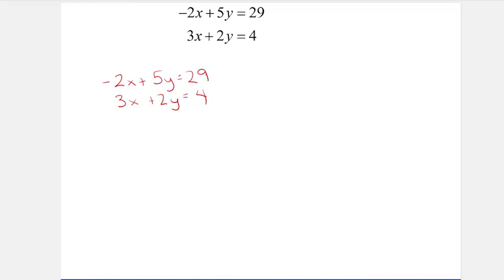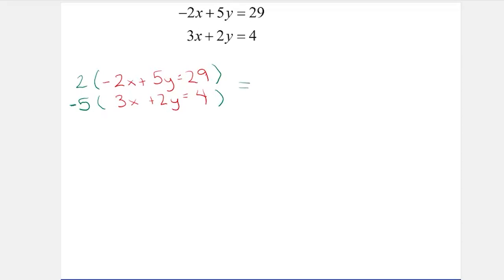Now, what do I multiply by? Well, the least common multiple between 2 and 5 is 10. So I'm going to multiply this by 2 and this by, now notice if I multiply it by a positive value, when I add those two equations, I'm not going to eliminate anything. So I'm going to multiply this by minus 5.